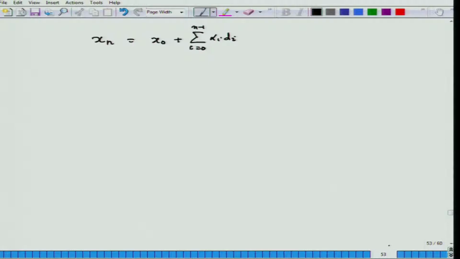And now, from our iteration scheme, we have x n equal to x naught plus summation i equal to 0 to n minus 1 alpha i d i, and this is nothing but x star. So, x n is nothing but x star. After iterating from 0 to n minus 1, in n steps you have reached the solution. This is a very beautiful thing about the conjugate directions method.